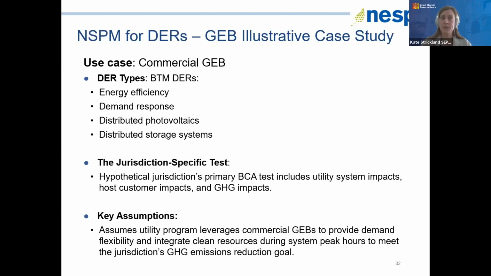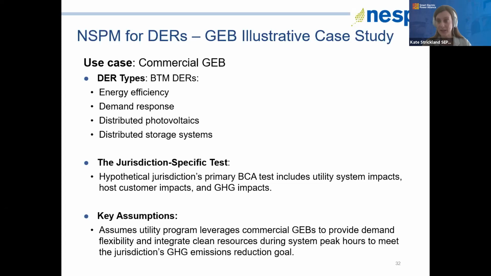Our DER types are behind the meter energy efficiency, demand response, distributed PV, and distributed storage. And as Julie referenced earlier, this hypothetical jurisdiction has a jurisdiction-specific test that includes utility system impacts, host customer impacts, and also greenhouse gas impacts, because that particularly is a jurisdictional priority.